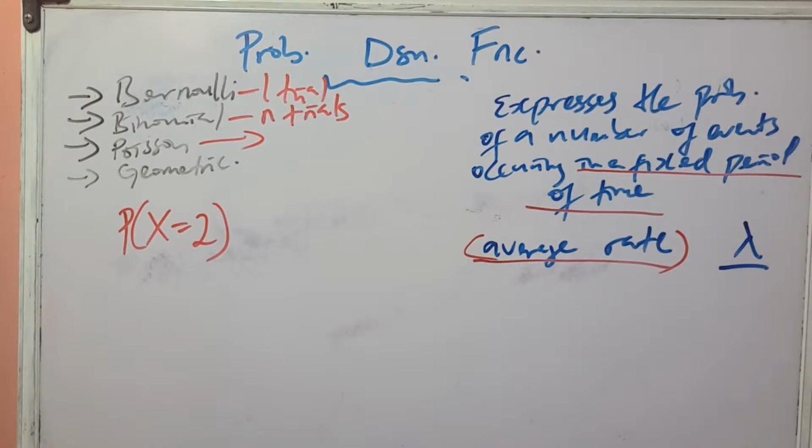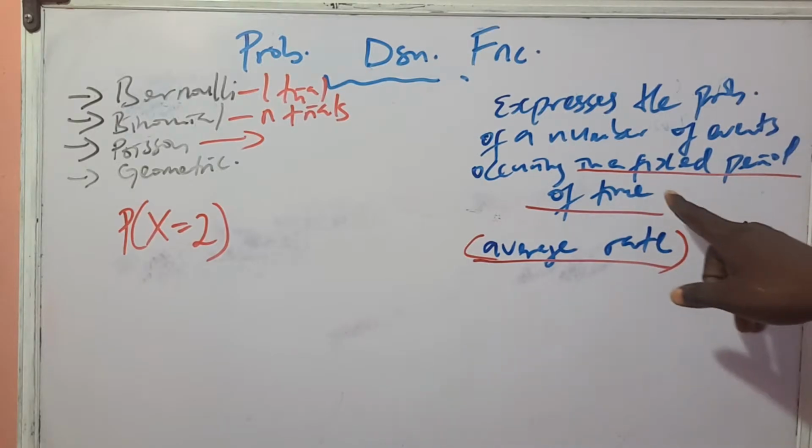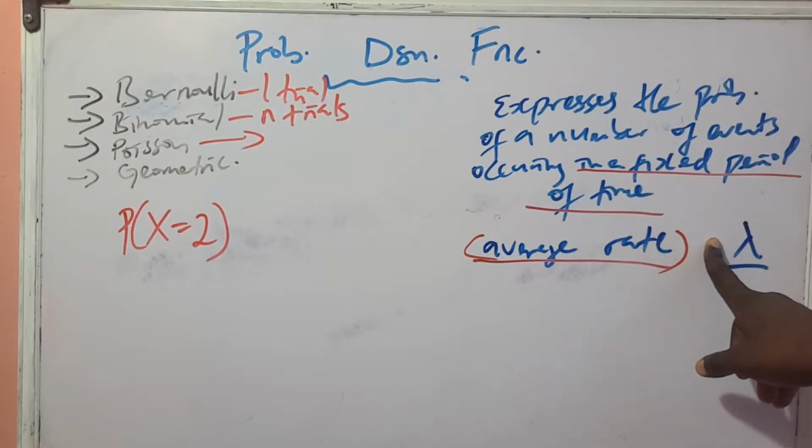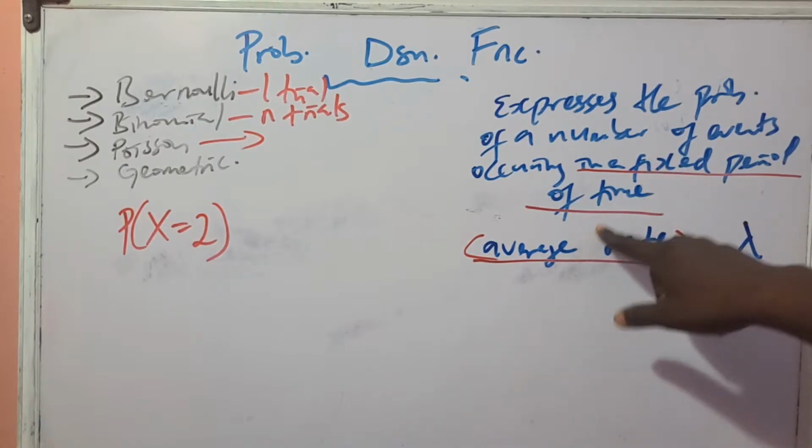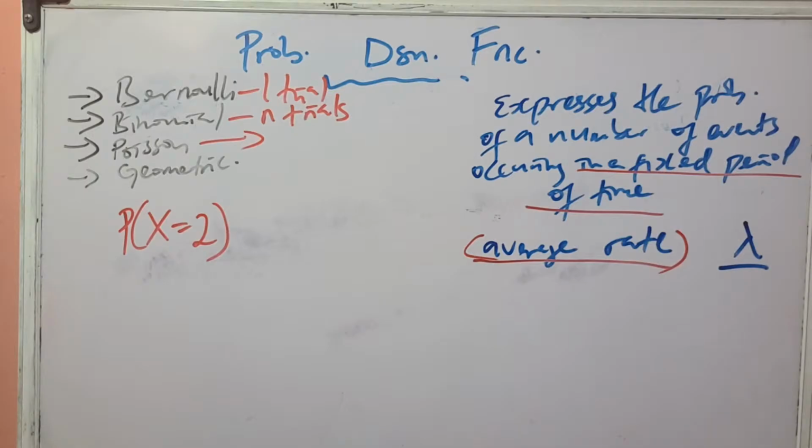When you start seeing that fixed period of time, of course, they will always, in all cases, talk about an average rate. If you are dealing with Poisson distribution, you must always have a way of either getting or being given an average rate. Because if they say something occurs, like let's say you drive 15 kilometers per hour, average rate will exist in that situation.